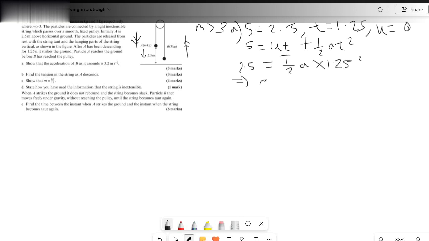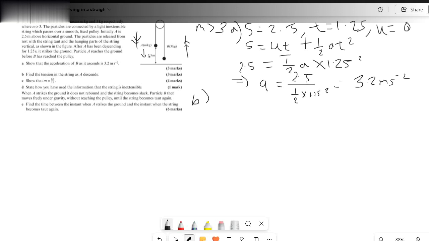So therefore acceleration is equal to 2.5 divided by half into 1.25 squared, which we get being 3.2 meters per second squared. And this is our answer for A.